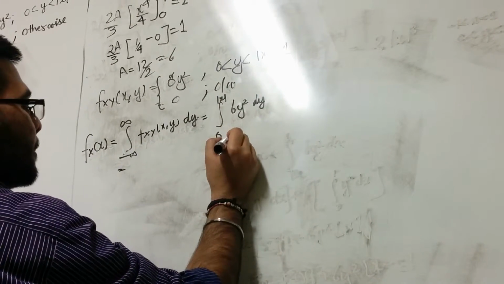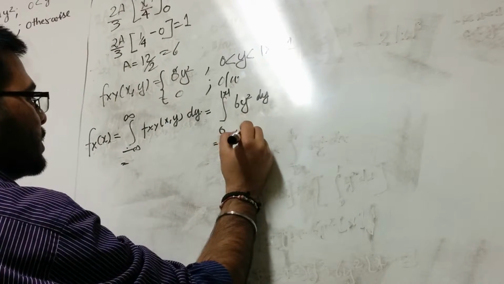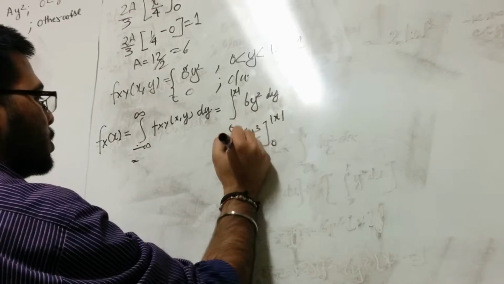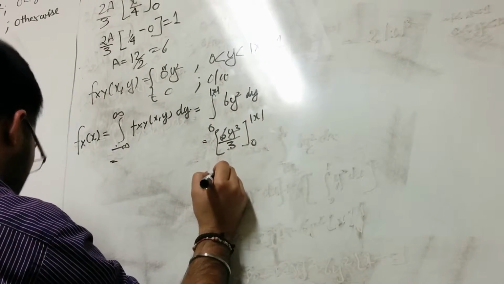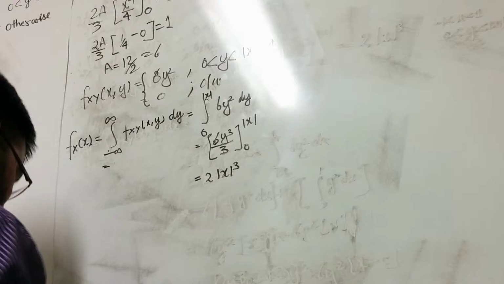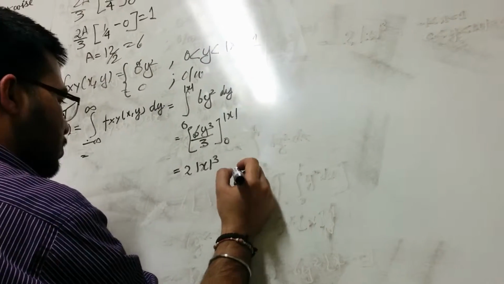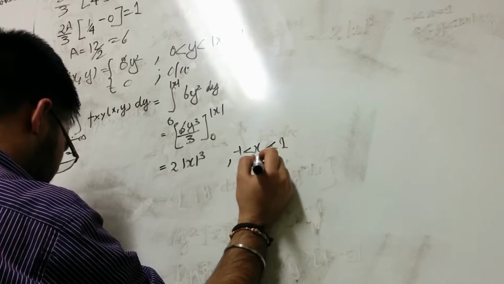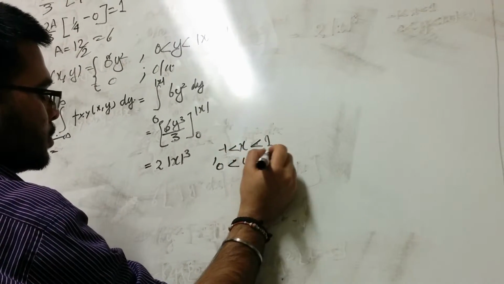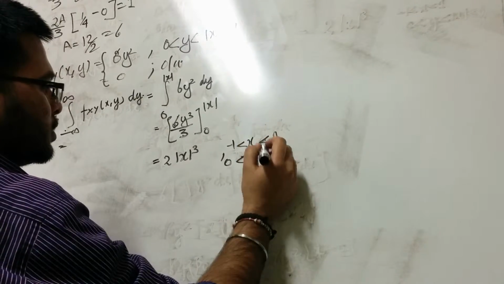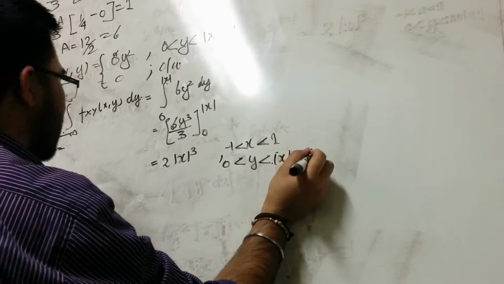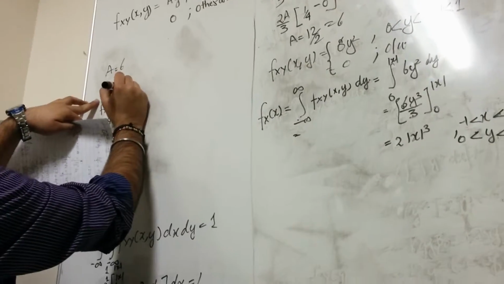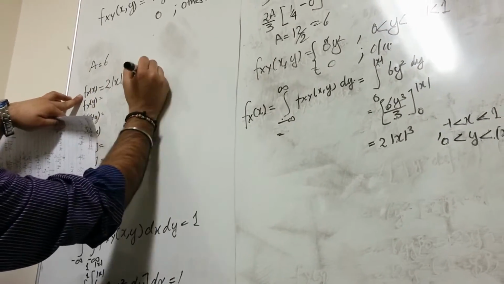On integrating, we get 6 y cube divided by 3 from 0 to mod x. On putting the values, we will get 2 mod x cube, where x is greater than minus 1 and less than 1, and y belongs in the range 0 less than y less than mod x less than 1. So we get the density function of f of x as 2 mod x cube in the range.